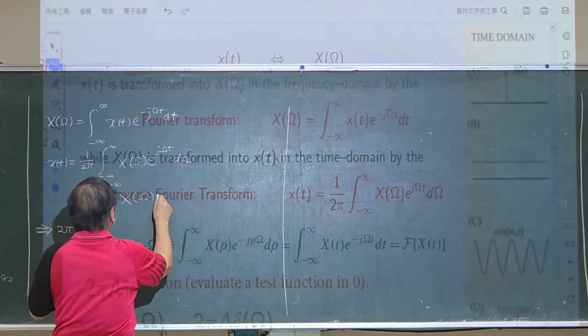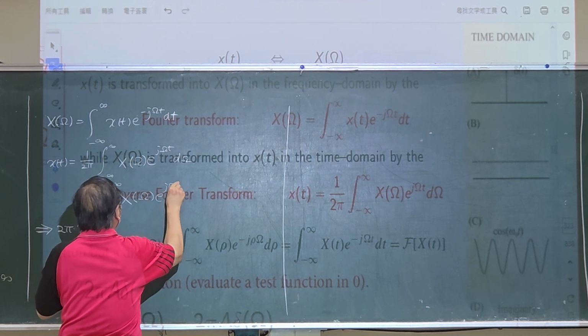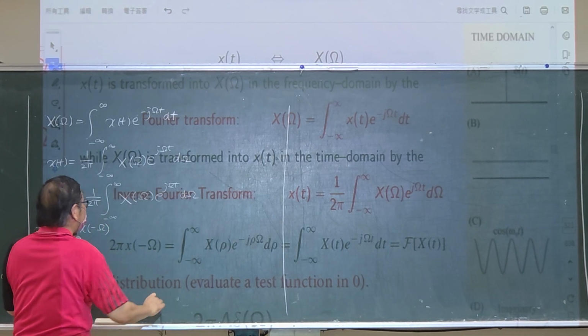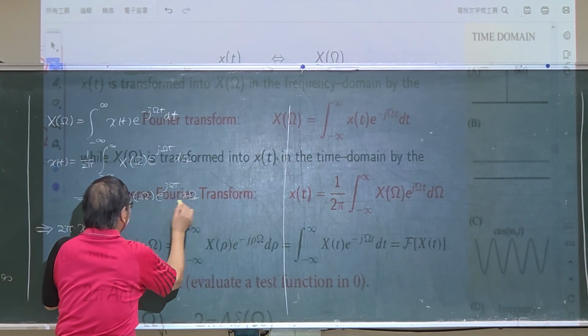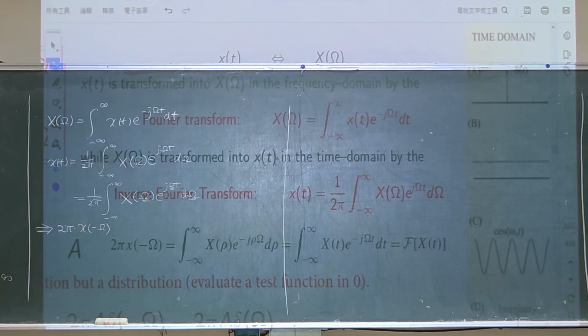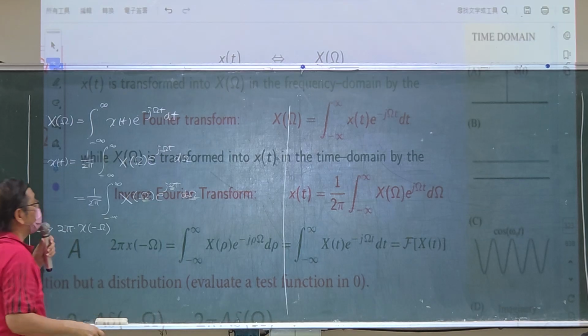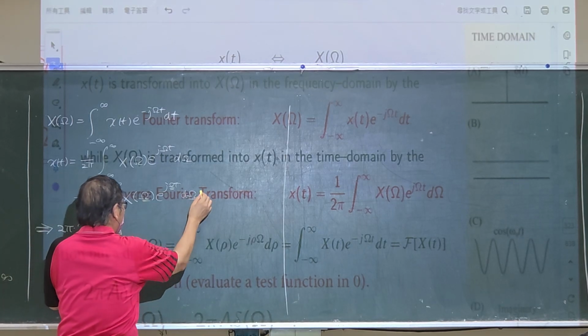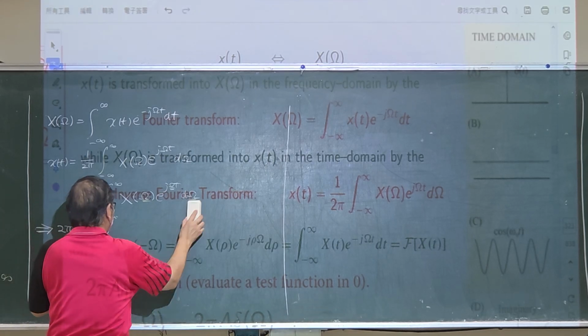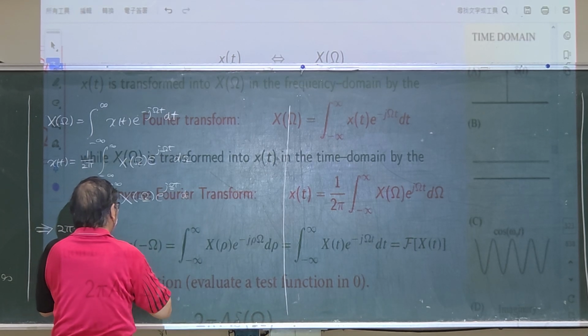Okay, sorry. Okay, for the moment, let me repeat that again. So this omega is the dummy variable, not t, sorry. I made a mistake. Okay, so this is the dummy variable. Omega is the dummy variable. Okay? And I can call that whatever I want. So let me replace it by rho.